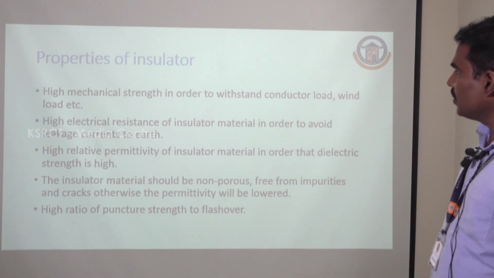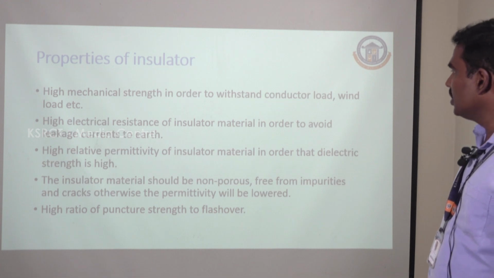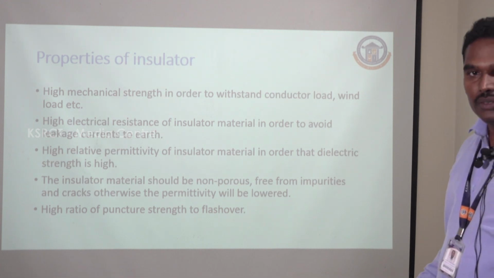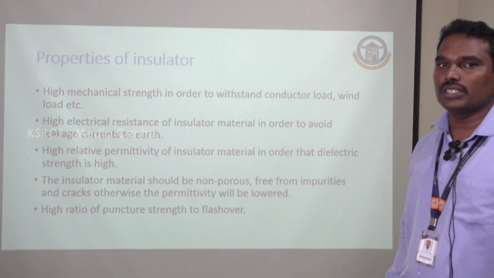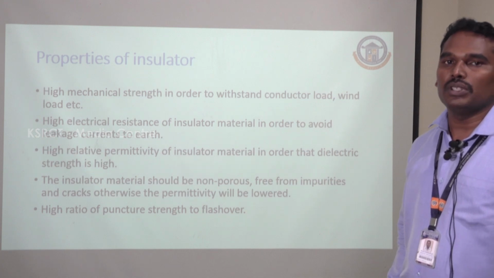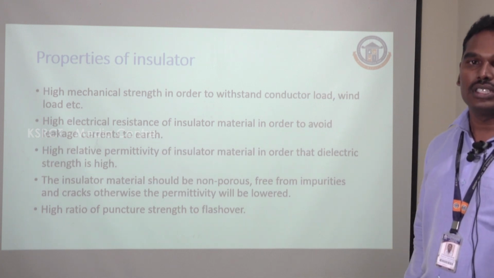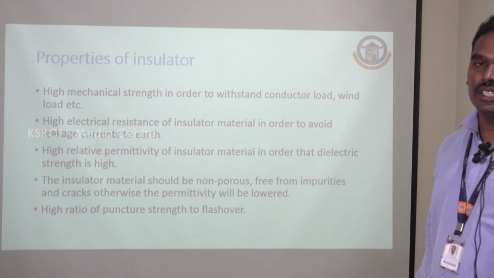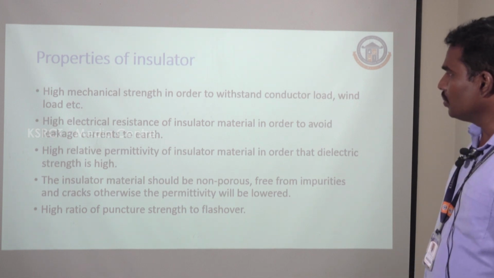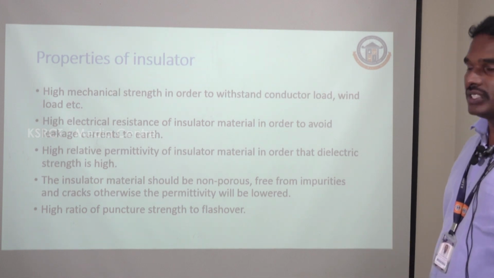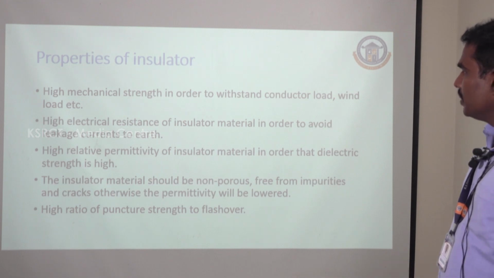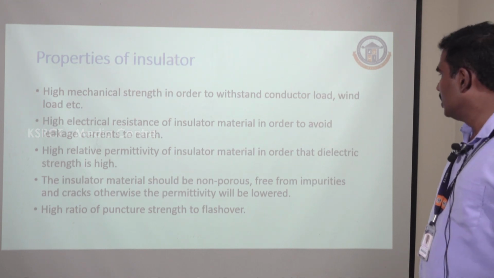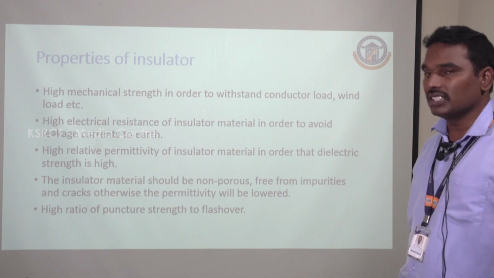The second one is high electrical resistance of the material, in order to avoid leakage current. If the insulator has low resistance, leakage current is possible in the entire system, which would be very dangerous. It should also have high relative permittivity of the insulating material, so that the dielectric strength is high.